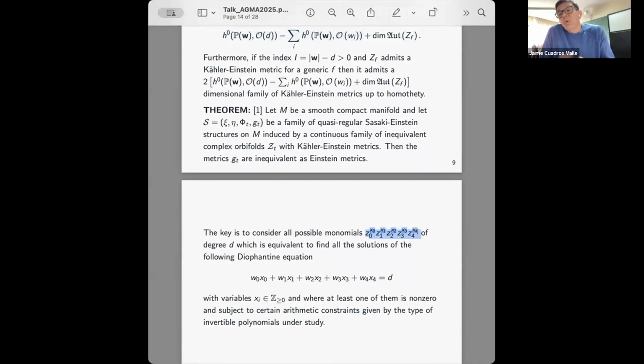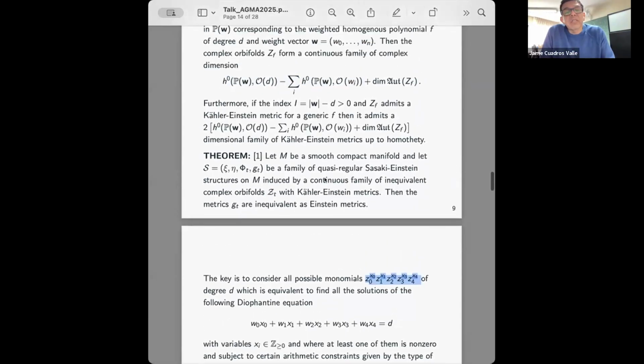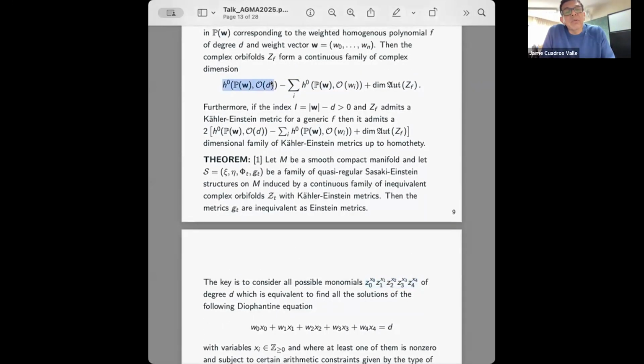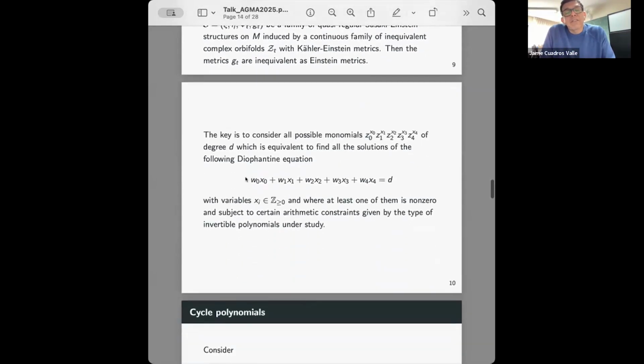We want these polynomials to be of a certain degree, because we are trying to compute this with fixed D or with fixed W_i. So we will have to solve this Diophantine equation. And of course, if one tries to do this with no restrictions, it's not possible.